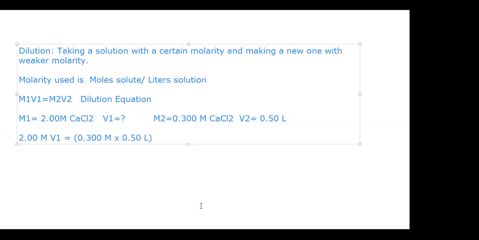So what is 0.300 times 0.5? That gives you 2.00 M V1 equals 0.15, and technically it would be 0.15 because this only has 2 sig figs, and that's going to be mole per liter.